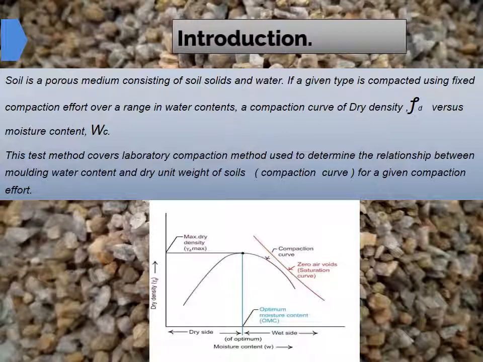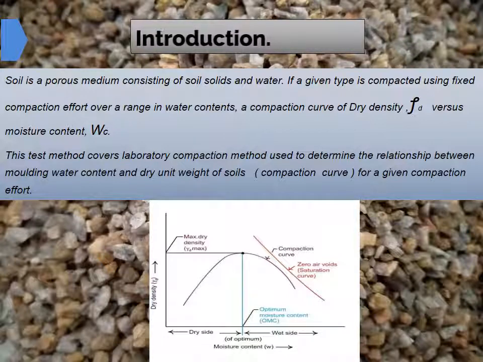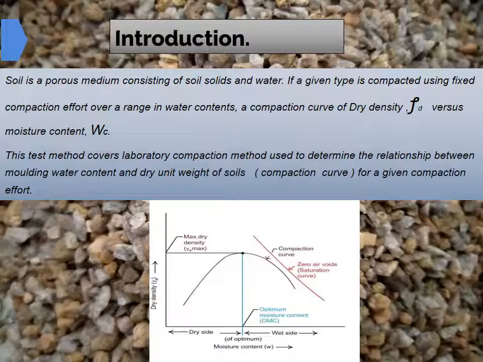As water is added and moisture content increases, the water neutralizes some charges and allows the particles to disperse and assume a more organized orientation. At some point, the dry density reaches a maximum, which is called the maximum dry density.